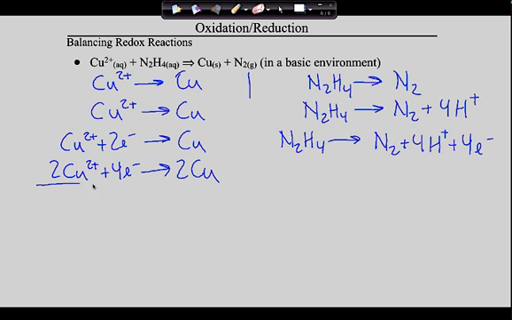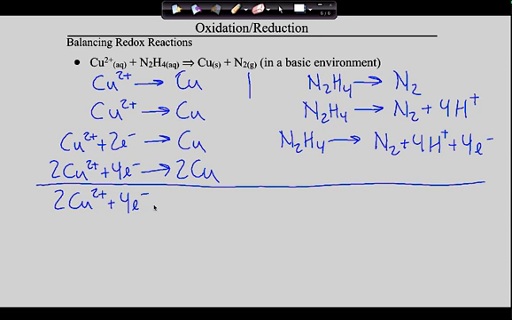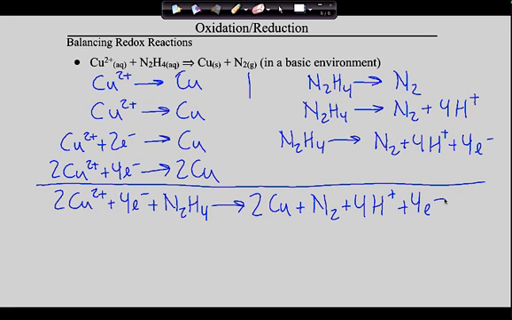Now, guys, at this point, we can bring them together. So we've got 2 Cu2 plus 4 electrons plus N2H4 yields 2 Cus plus N2 plus 4 protons plus 4 electrons.